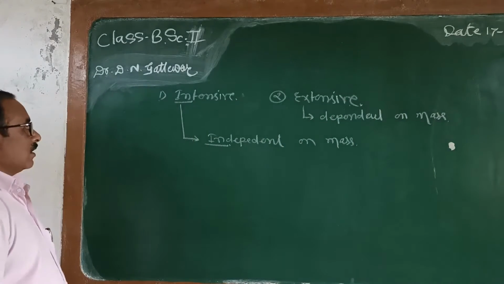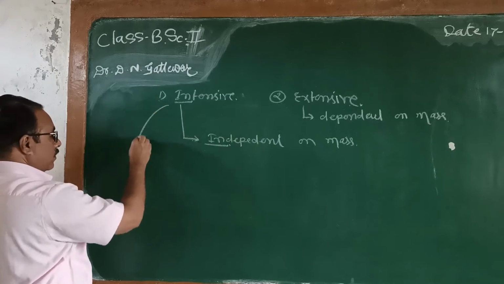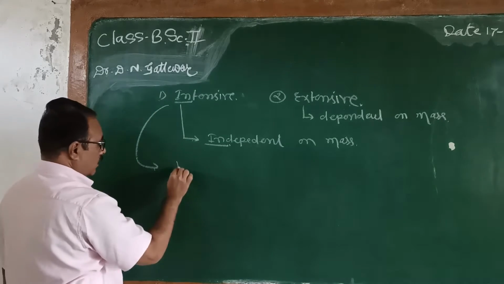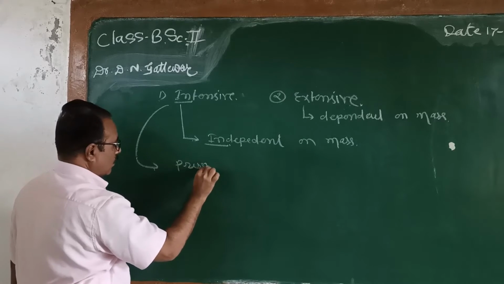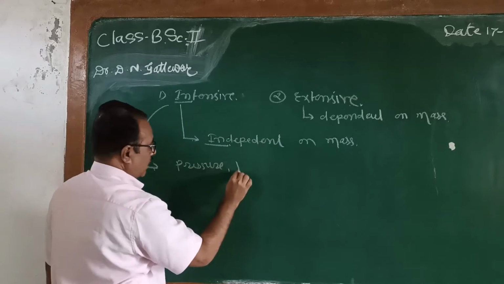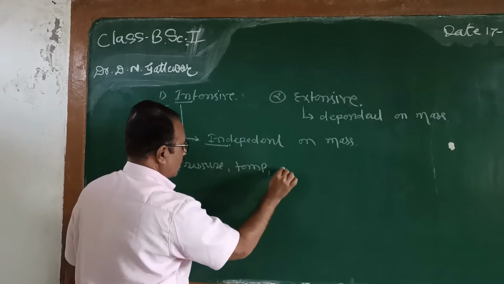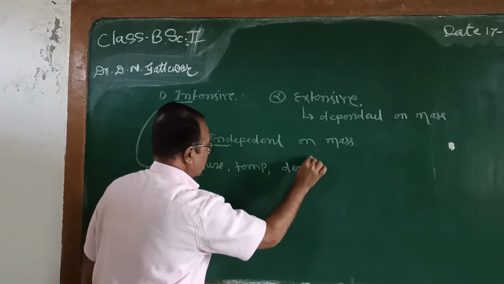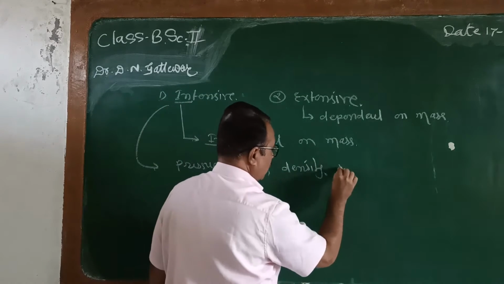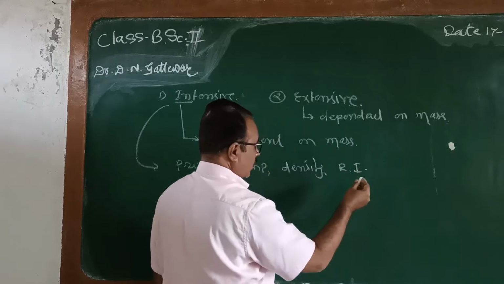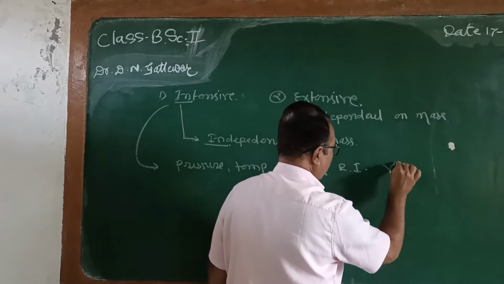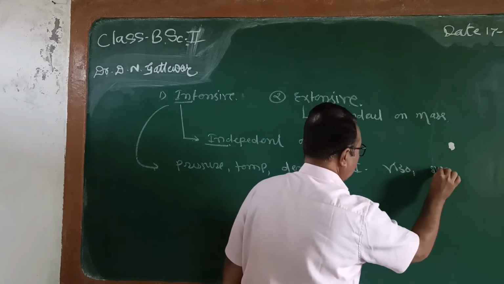Then, which are the examples of the intensive property? First is pressure, then temperature, density, refractive index, viscosity, and surface tension.